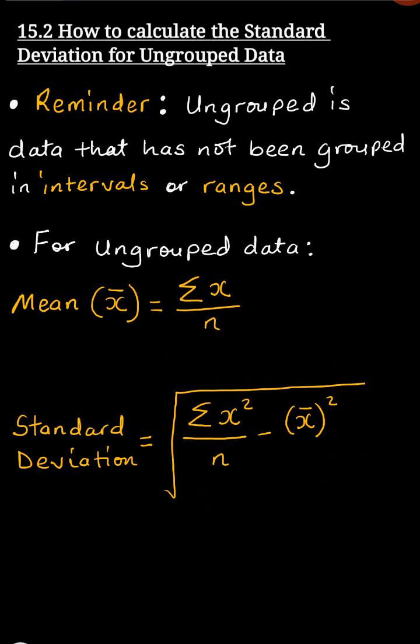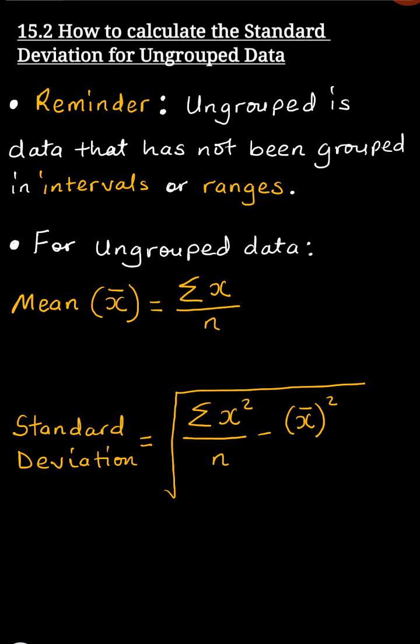The standard deviation is given by the square root of the summation of x squared divided by n, minus the square of the mean. Remember, x bar stands for the mean.